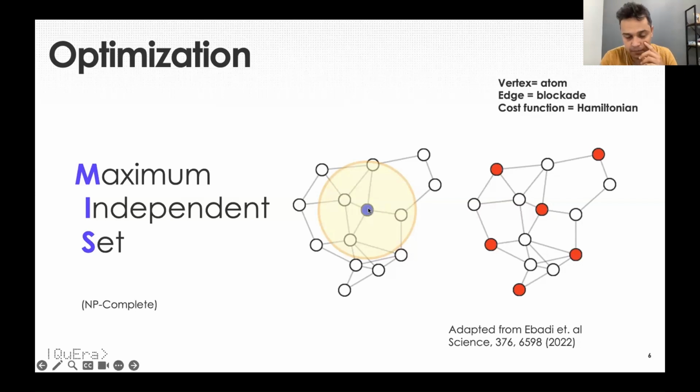The type of graph is going to be defined by this kind of radius that we were talking about, this blockade radius. So any atom that lies inside this radius of each other is going to have an edge, just like you're seeing here. I have the blue dot, you have a yellow radius around it, and everybody that is inside, you see that there is a little edge with respect to the blue one.